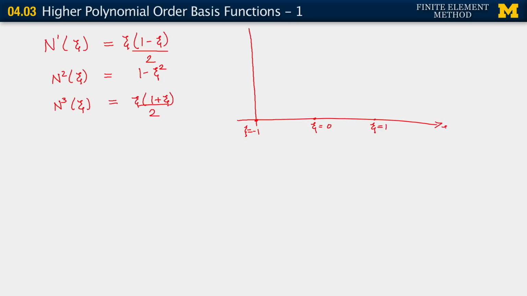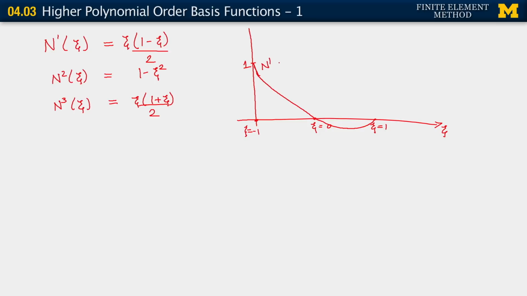This is, of course, c. If here I give you the value 1, the very first one of them is the following. I'm drawing N1. It's quadratic. Okay, that's N1.